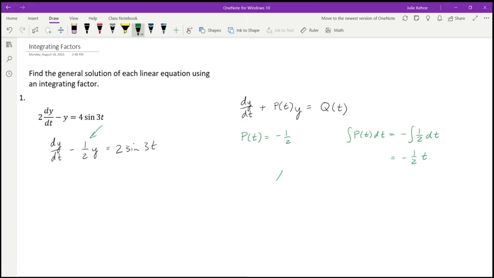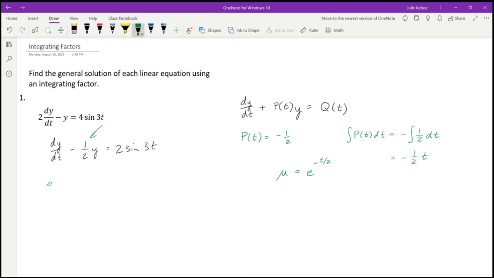And so the integrating factor is going to be mu, which is a function of t. I'm going to take e to the integral of p of t. So mu is going to be e to the negative 1/2 t, or I'm going to write it as negative t over 2, just to make it a little easier to see what's going on in that exponent. Okay, so there's my integrating factor. I'm going to multiply the differential equation in standard form by this integrating factor, so every term throughout gets multiplied by mu.